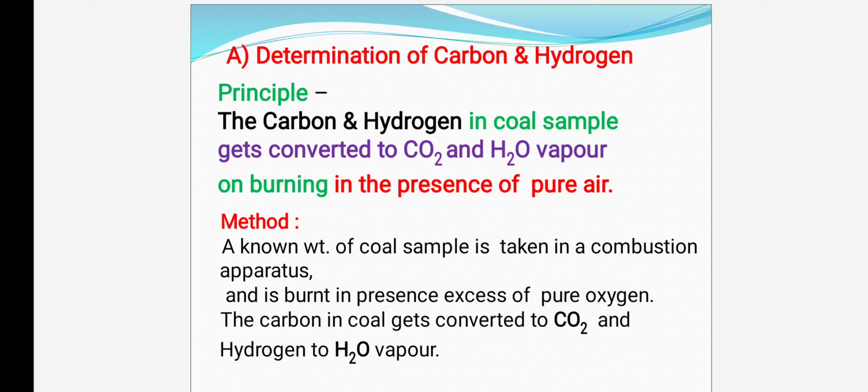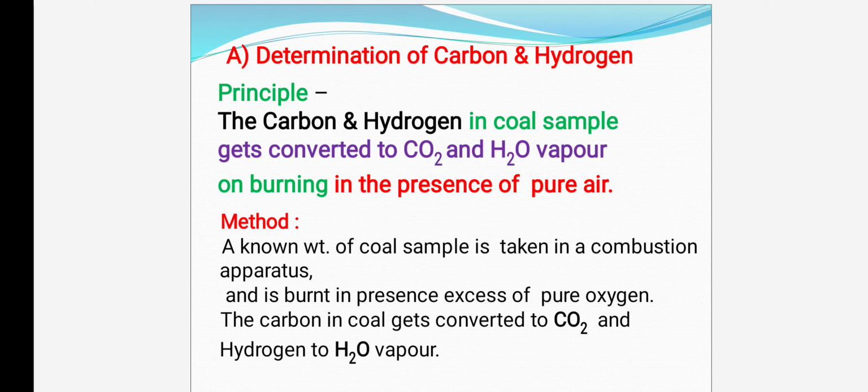Principle very simple. Carbon and hydrogen present in the coal sample, so what will happen to them? Carbon and hydrogen get converted to gases. What kind of gases? CO2 gas and H2O vapors. How do carbon and hydrogen convert into CO2 and H2O?